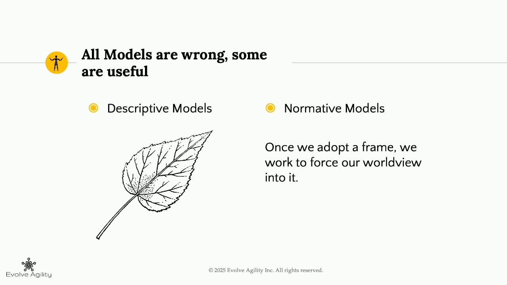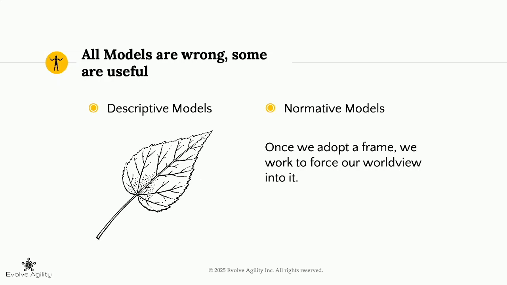The use of a descriptive model is to describe something that exists in the real world, but we summarize it in some shape or form to only accentuate a certain aspect of it. In other words, a real leaf has chlorophyll in it. It can do photosynthesis. If I look under the microscope, I'm going to look at the cellular structure. That is not something that I will ever find in a descriptive model.